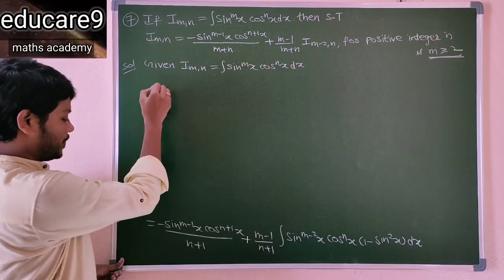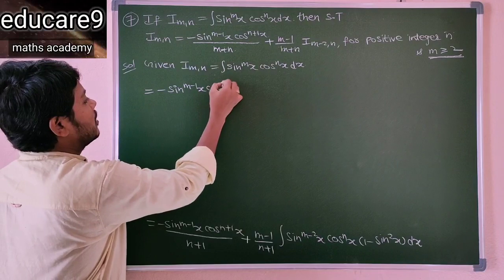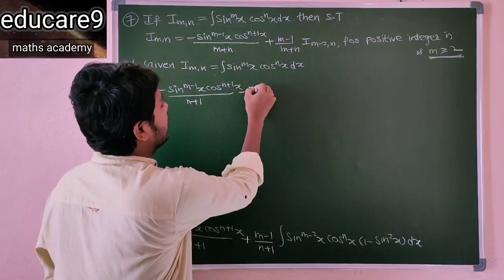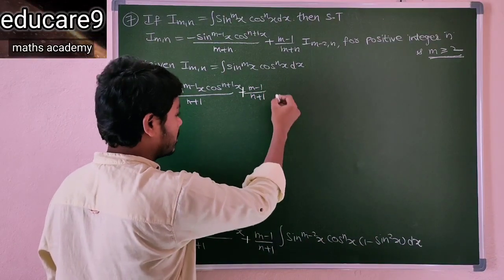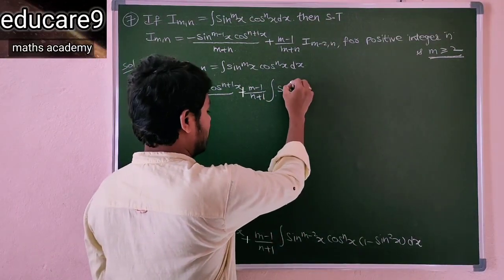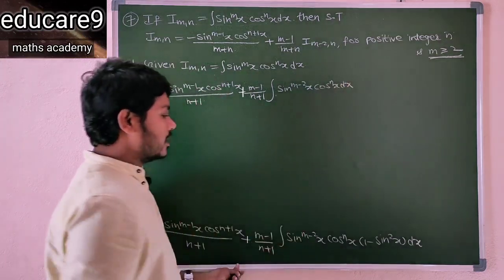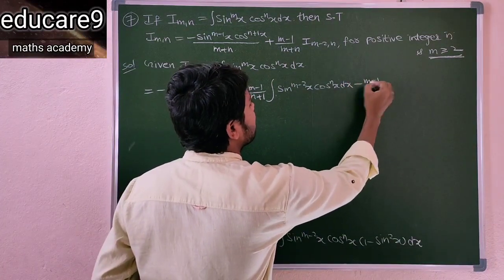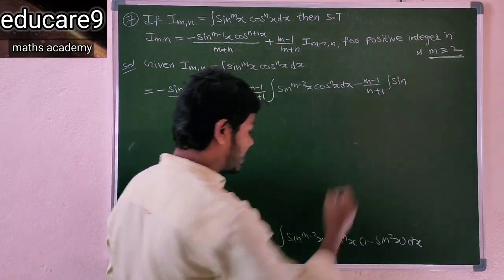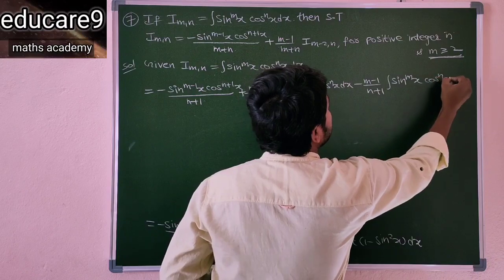This is minus sin^(m-1) x cos^(n+1) x divided by n plus 1, plus m minus 1 by n plus 1 integration of, multiplying inside, what you get: sin^(m-2) x cos^n x dx, minus m minus 1 by n plus 1 integration of sin^(m-2) x into sin square, you will get sin^m x cos^n x dx.